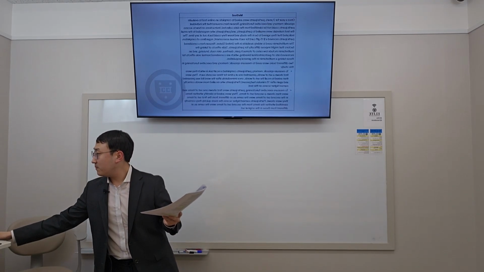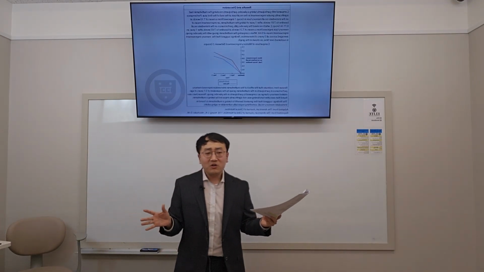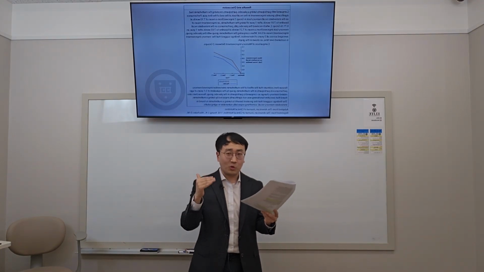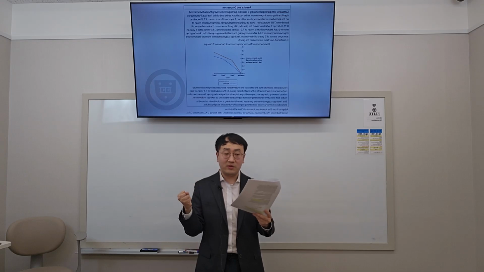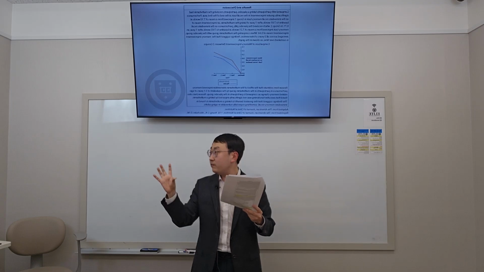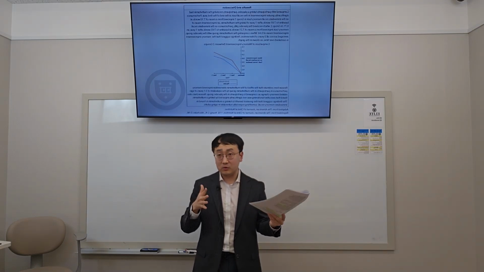Because as I mentioned to you guys, reading the paper is not about reading a book in chronological order. So reading the article starts with briefly looking at the introduction, followed by the brief results, and you're going to skim through it for about 20 minutes.